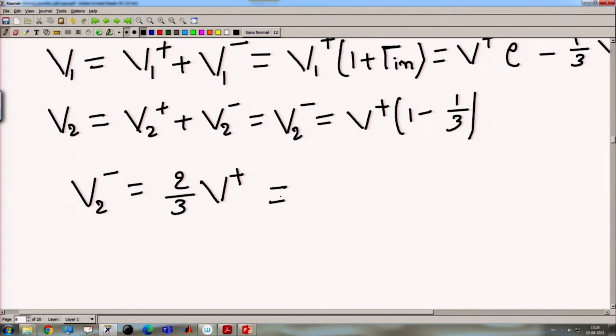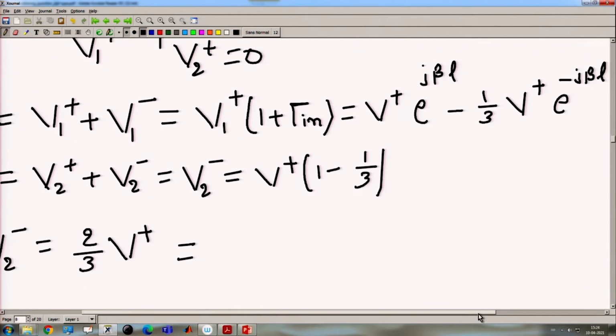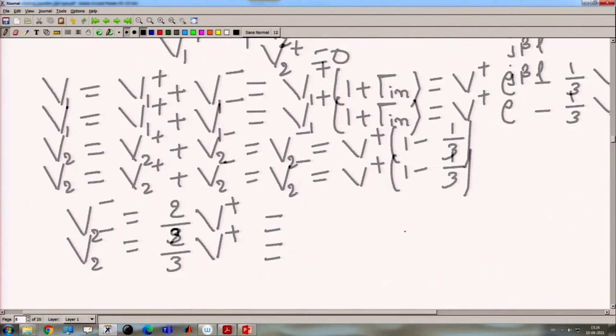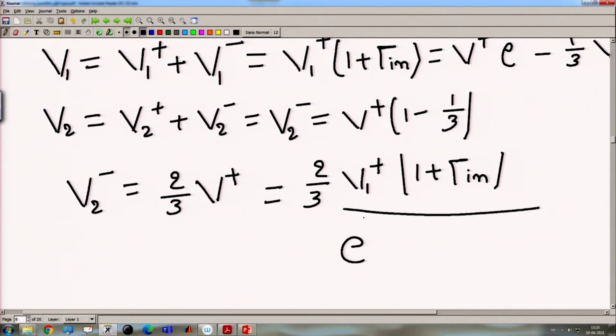And V plus from the first equation we can write, taking the common, V plus we can write V1 plus (1 plus gamma in) divided by e to the power j beta L minus 1 by 3 into e to the power minus j beta L. So we can write 2 by 3 V1 plus (1 plus gamma in) divided by e to the power j beta L minus 1 by 3 e to the power minus j beta L.